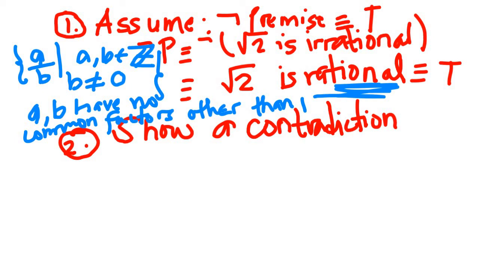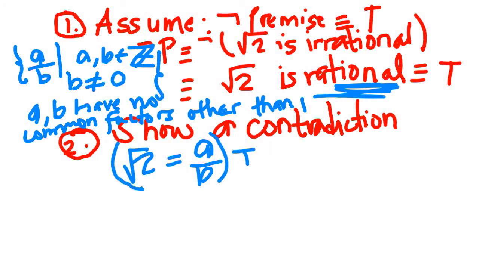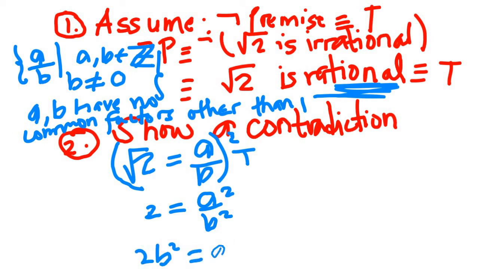So, let's start with the assumption now. Square root of 2 equals a over b. This is already assumed to be true. We're going to manipulate this by algebra. Squaring, we'll have 2 equals a squared over b squared. If we cross multiply this, we have twice b squared equals a squared.